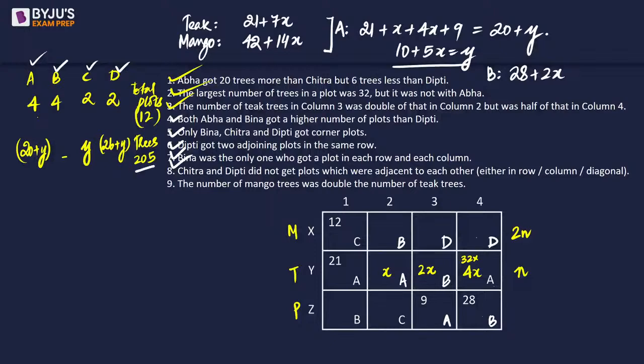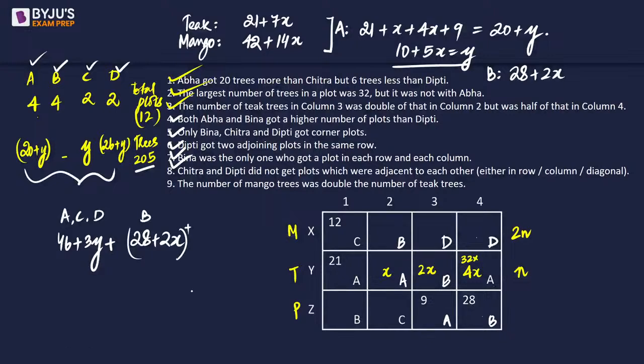We know that the total number of trees is 205, right? As of now, the total amount that we know is 46 plus 3y, this is the sum of trees with A, C and D. If we include B also, it's going to be 28 plus 2x, at least this much.